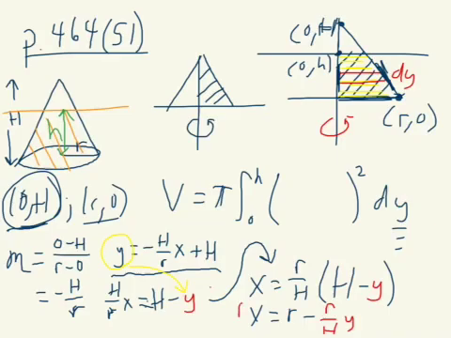Okay, there we go. That is our equation we're going to plug in. So it becomes, let's go back to blue, we plug in r minus r over h times y, and we square that.